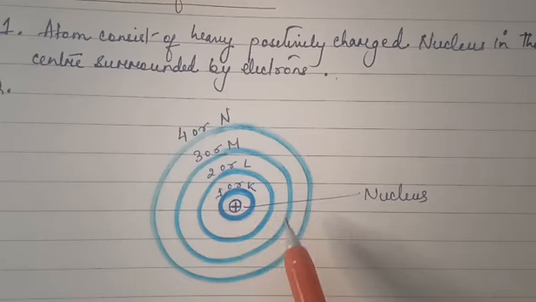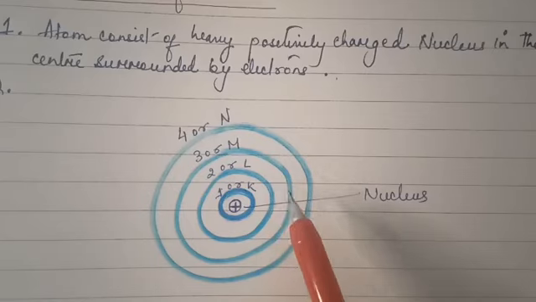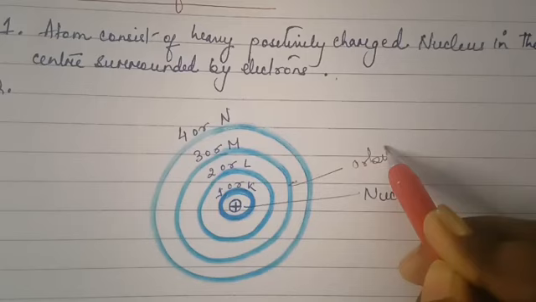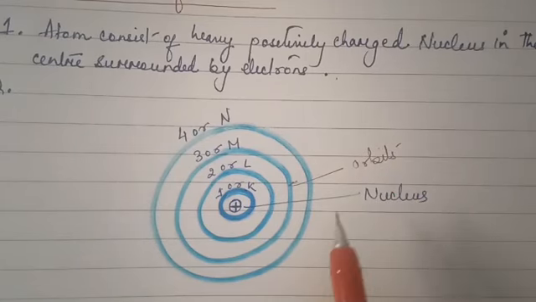It is surrounded by circular orbits. As we know from our previous knowledge, electrons revolve around in particular orbits.